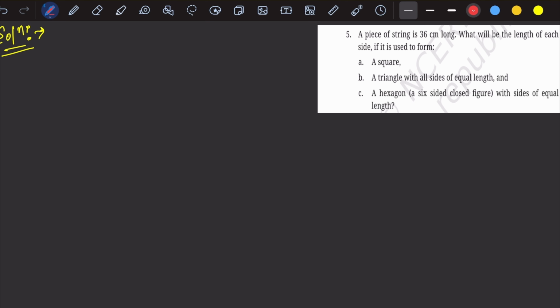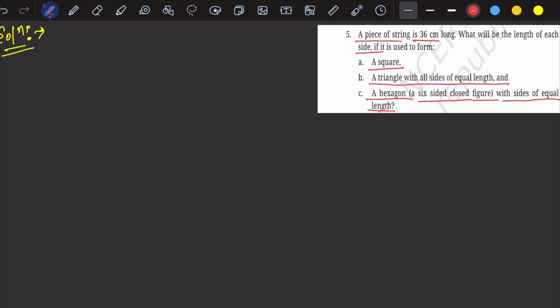What will be the length of each side if it is used to form a square, a triangle with all sides of equal length, and a hexagon, a six-sided closed figure with sides of equal length?